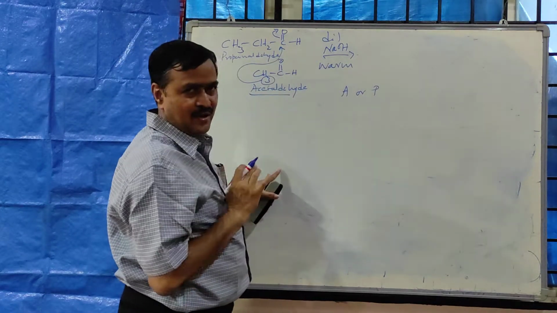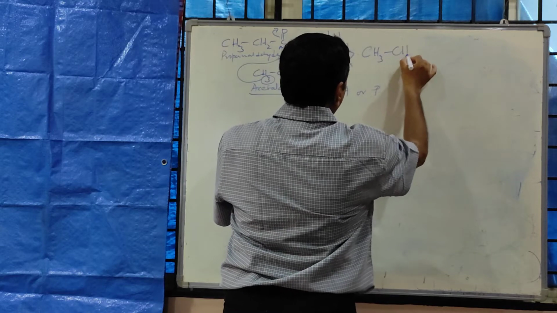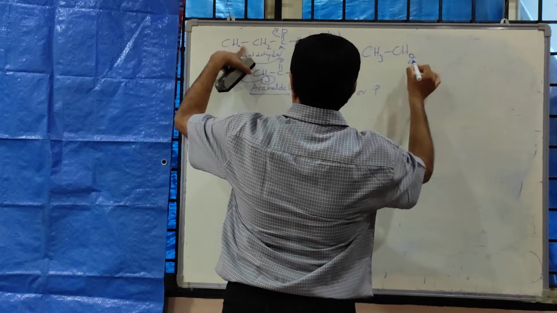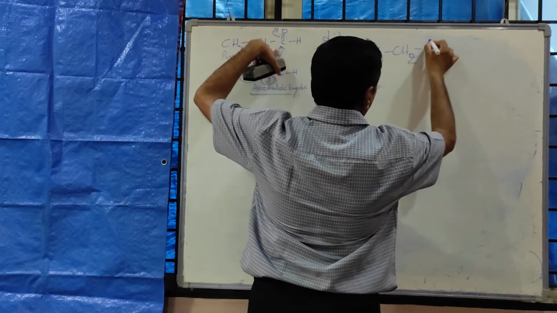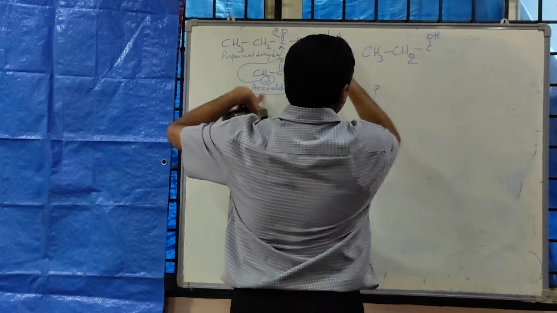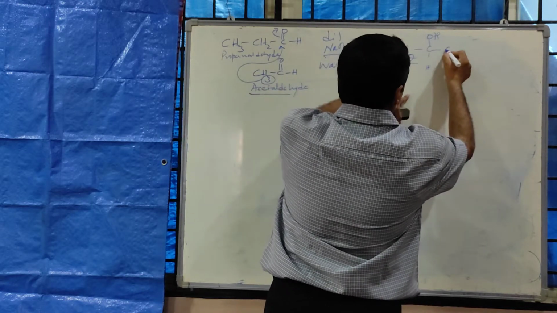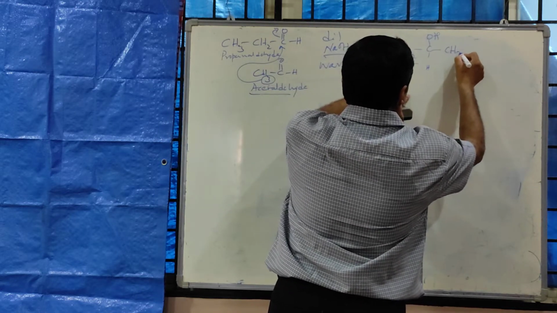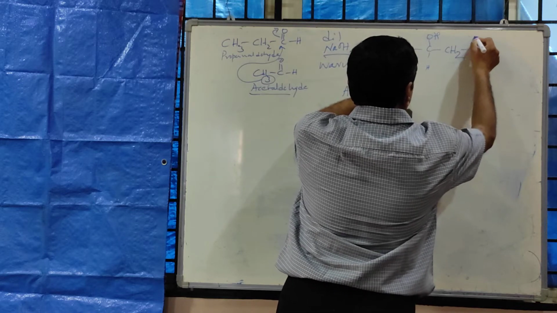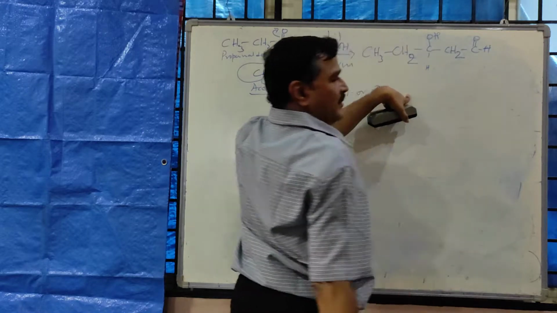As a result, we get CH3, CH2, that is propanaldehyde, and C double bond O becomes C, O, H, H from acetaldehyde. This hydrogen remains there, and CH3 becomes CH2, C double bond O, H. We'll be getting this compound, right?